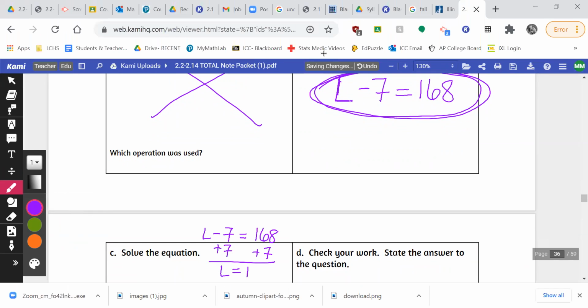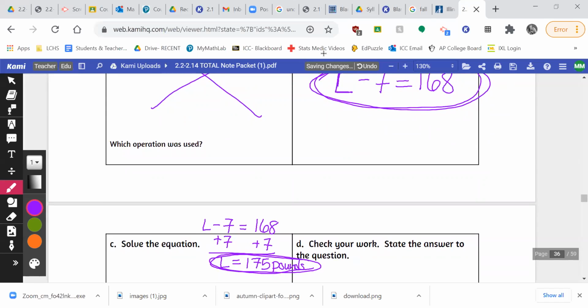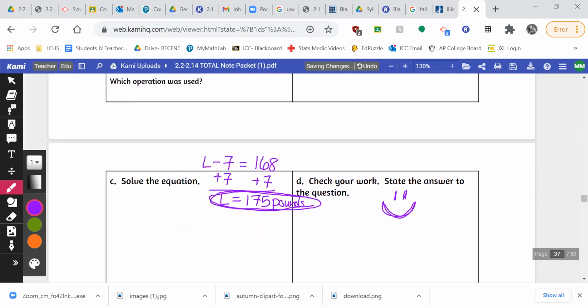And so we get 175 pounds. Okay, so if this week the contestant weighs 168 pounds and he lost 7 pounds in the past week, it does make sense that last week he was 7 pounds higher at 175. So our answer is reasonable.